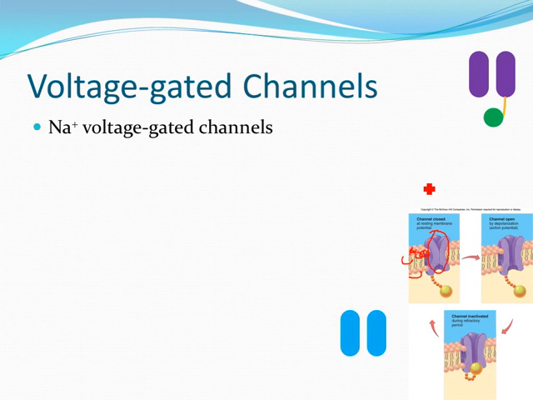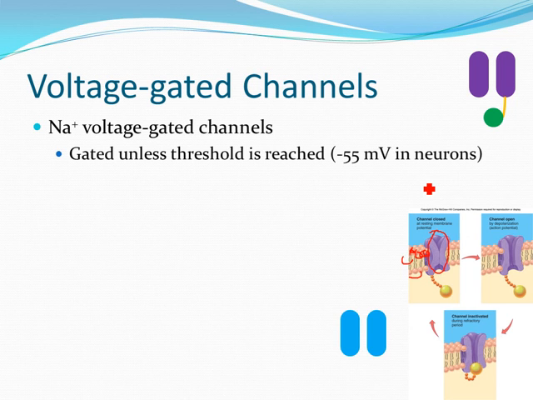So there's a voltage-gated sodium channel here. And these sodium voltage-gated channels are closed at resting membrane potential. It's not until we reach threshold, we'll talk about threshold later, that it will end up opening.